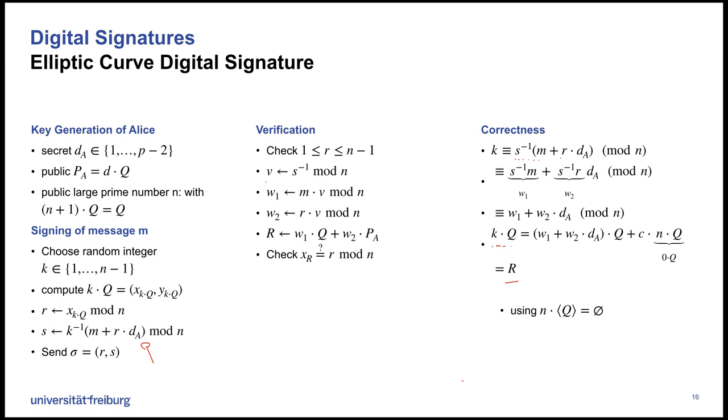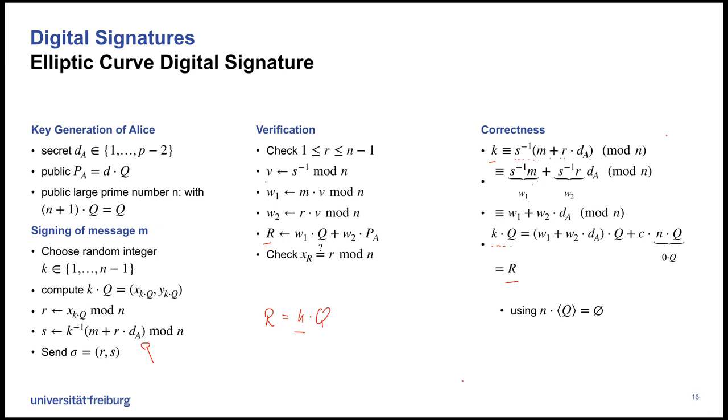Just too many letters. Okay, so here I'm computing R, and I'm saying that R is equal to k times Q. So I'm looking at what this is, and I call this k, and this is W1 plus W2, and here by construction this is s to the minus 1 times m plus r times d_A.